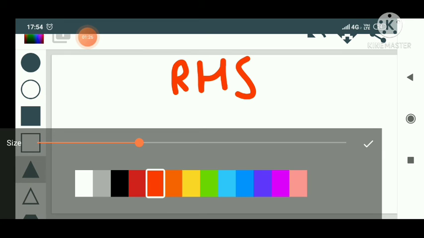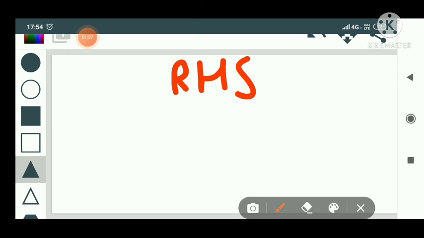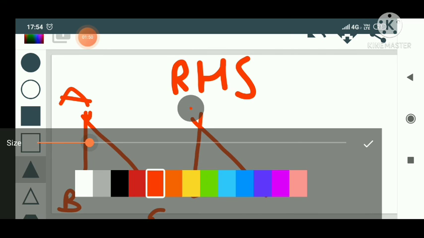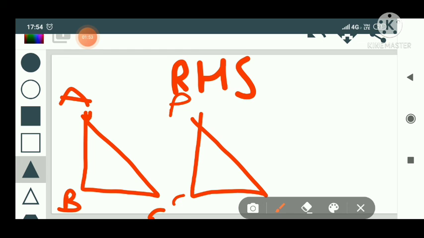RHS means R is right angle, H is hypotenuse, which is opposite to the 90 degrees in a right angle triangle, and S is side. So we draw two right angle triangles, ABC and another with PQR. Angle B is 90 degrees and angle Q is 90 degrees, so they are equal.